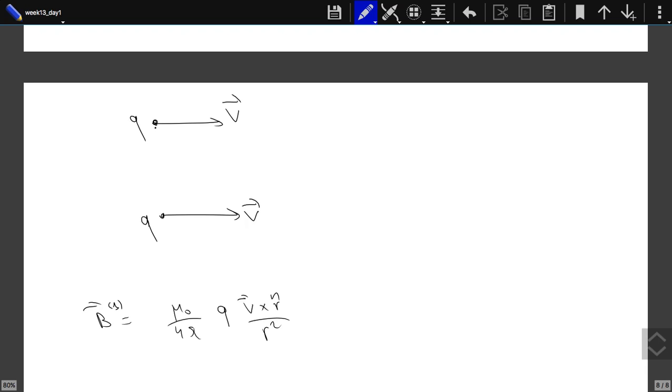Now, what is the magnetic field created by this charge at this point? Well, if we are looking at the magnetic field there, this is our R. So what is the direction of the magnetic field? V cross R is out of the screen. Now, we also know the Lorentz force.